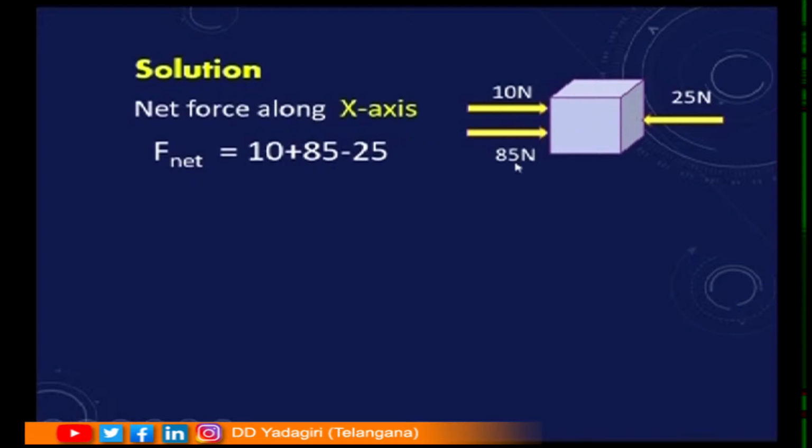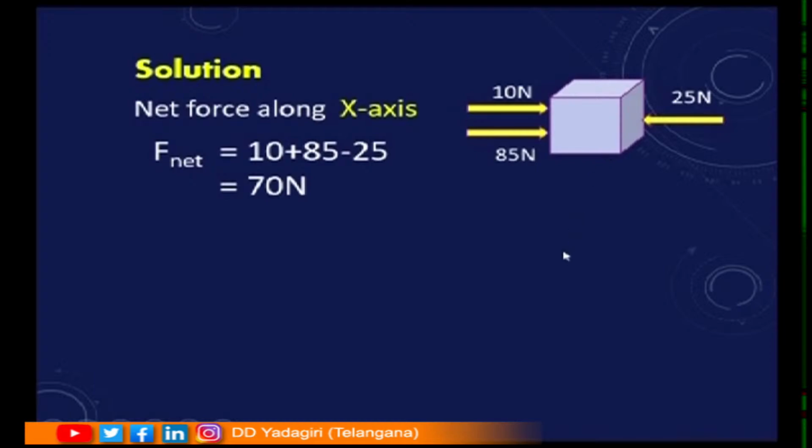The 10 newtons and 85 newtons are acting in the direction of the positive x-axis. So 10 plus 85, and the 25 newtons is acting along the negative x-axis, so minus 25. The total is 10 plus 85 is 95, minus 25 is 70 newtons. So this is the net force acting along the x-axis on this object.